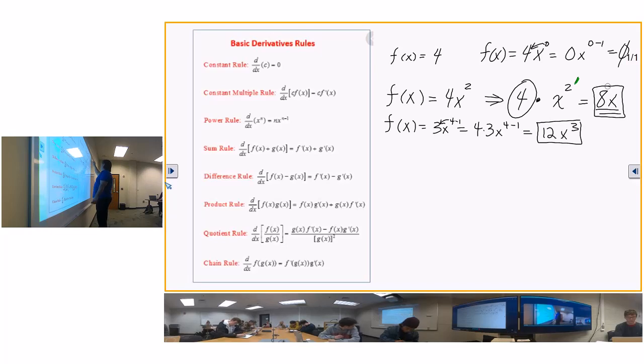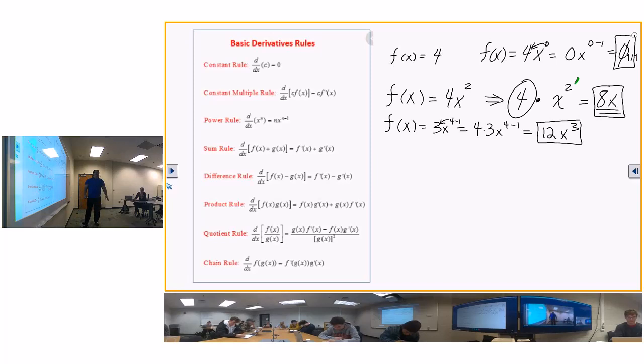You just keep using the power rule over and over. You can use the power rule when you have a single term, or when you are adding and subtracting single terms. That's the sum and the difference rule.